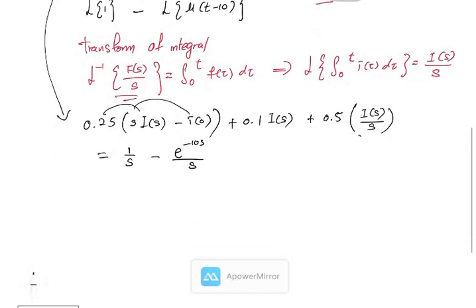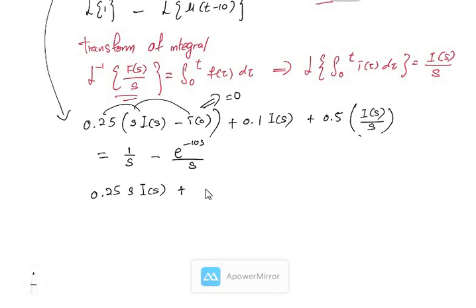Okay, so I multiply in, and I get 0.25 s I(s). For i(0), the RLC circuit is initially at rest, so i(0) is equal to 0, and you can just leave nothing there.